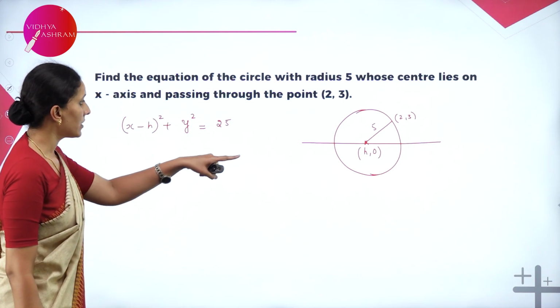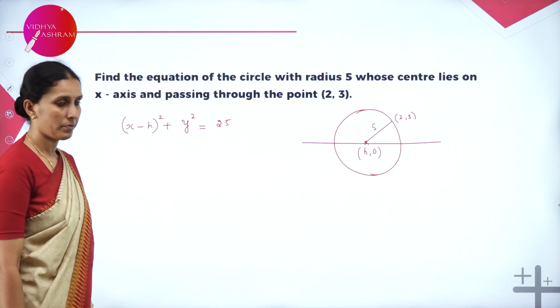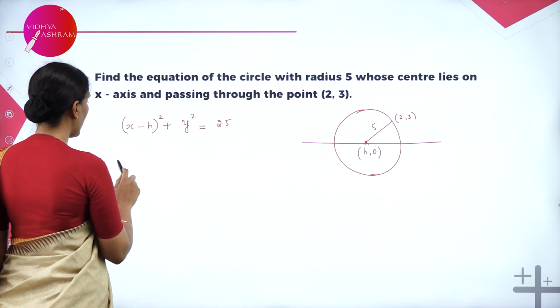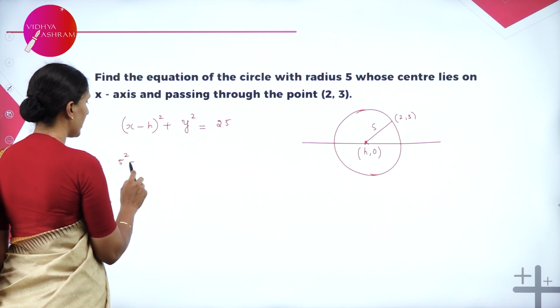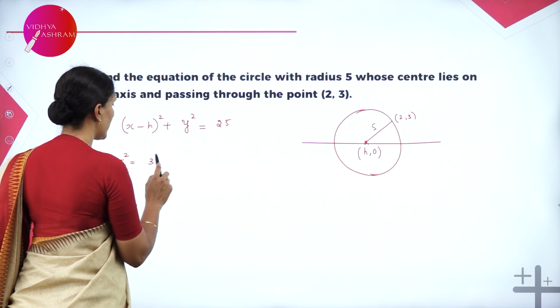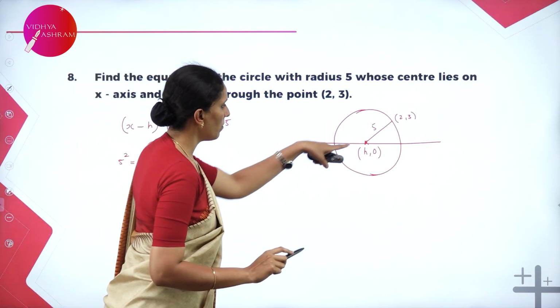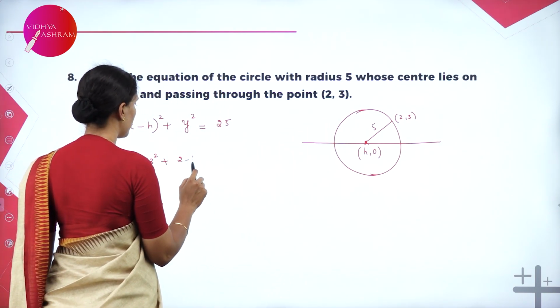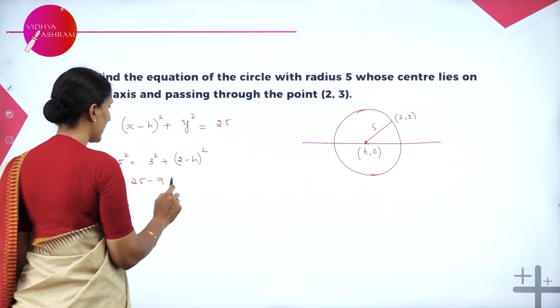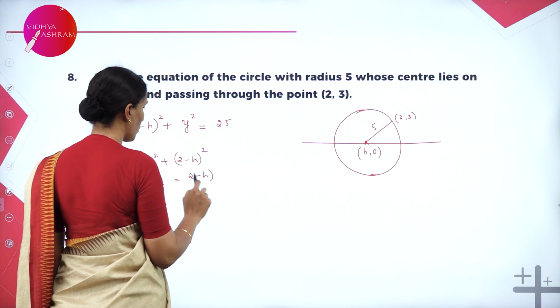Now my aim is to find the value of h. So again let us use the distance formula here. Which can be written as 5 square is equal to (3 minus 0) whole square, which becomes 3 square, plus (2 minus h) whole square. Now we have 25 minus 9 is equal to (2 minus h) whole square.